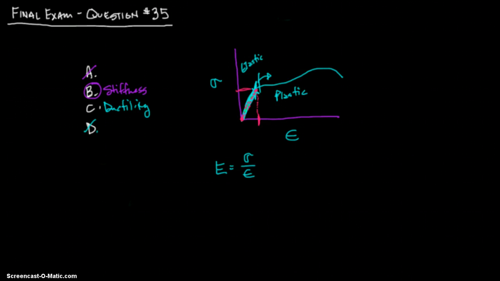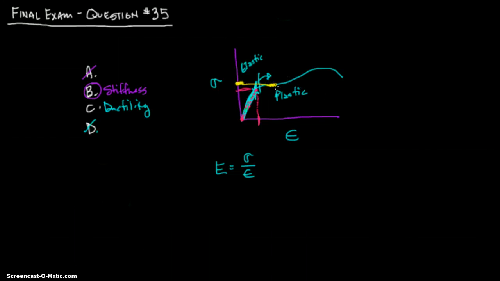But once you get out of the elastic region, once that curve starts to come over, let's say you stress it to this point, just a little bit more, past the yield stress, and now you've stressed it to right there. Okay, so now it's strained a little bit.